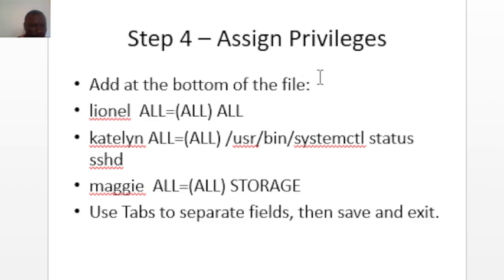So we continue and assign the privileges. At the bottom of the file, Lone has the privilege to run all commands and all operations except default, because Lone is like the root user.